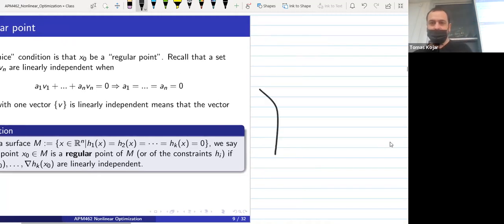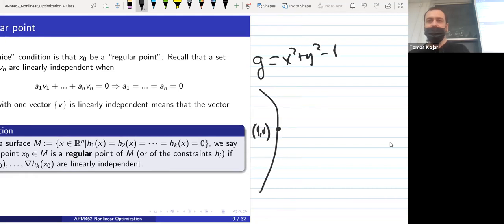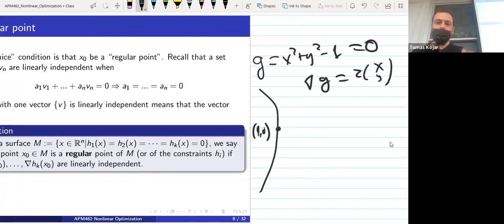So we had this guy, (1, 0). And the constraint was g(x, y) = x squared plus y squared minus 1 equals 0. And the gradient of g is 2 times (x, y), right? So here you only have one vector, this guy, 2(x, y), which points away from the level set.